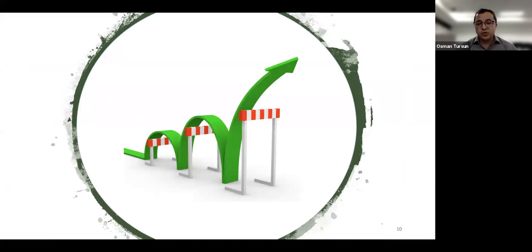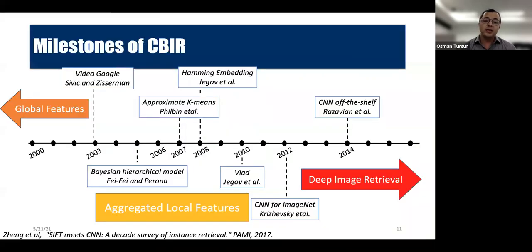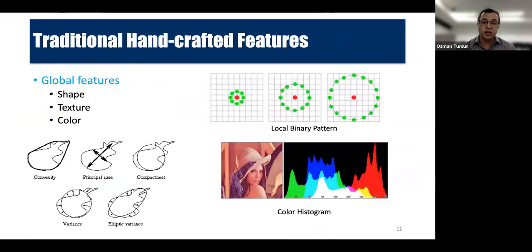Although through the many years, content-based image retrieval has been studied very well, and many problems have been solved, some problems still remain. If you look at the milestones of CBIR, before 2000, global features were widely used, such as shape and texture and color. Those features are very efficient, but their accuracy is not enough.